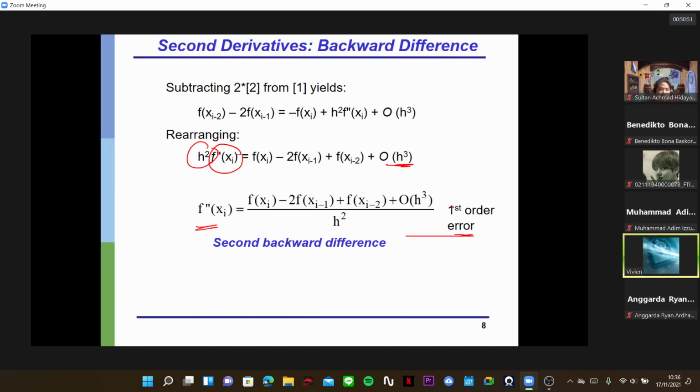So this is first order accurate to find the second derivative. This is how to calculate the second derivative using the backward scheme, because we use all points before x_i. The order of accuracy is first order.